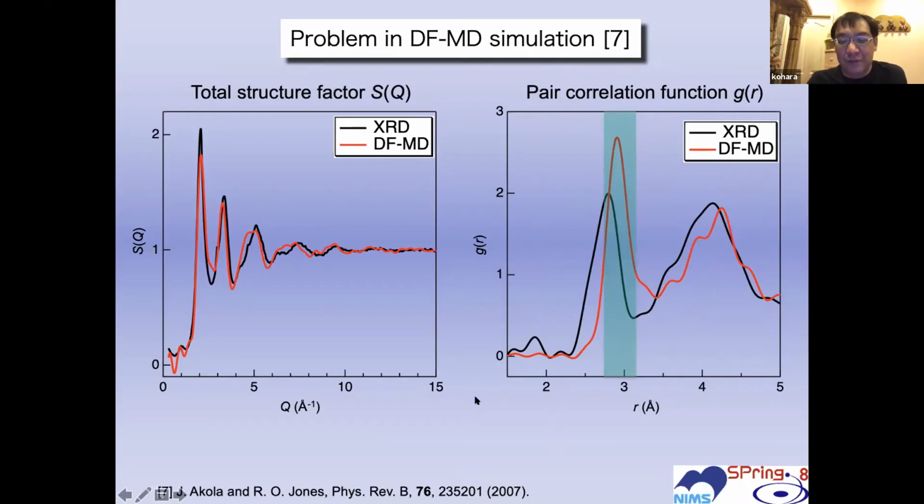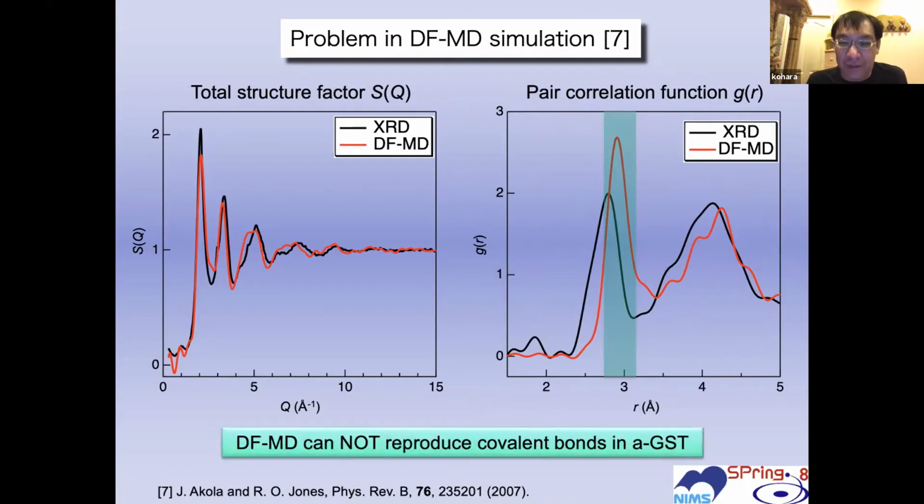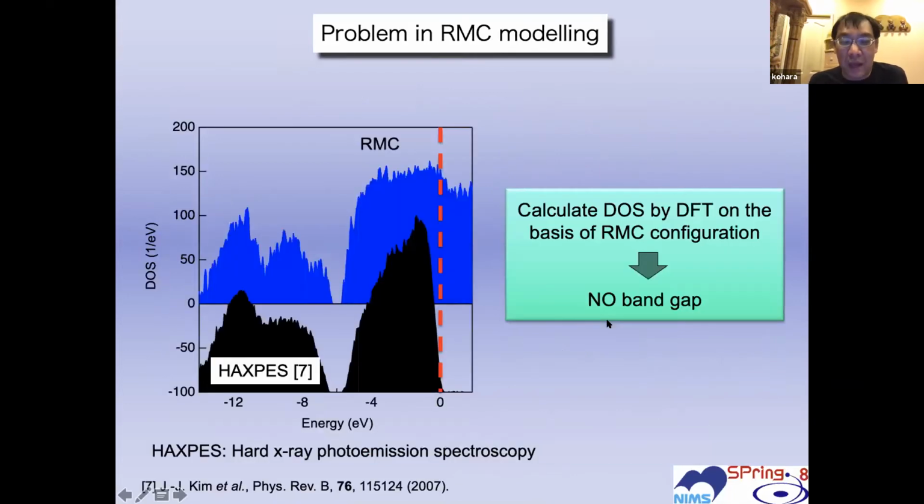I think this is just 2007, and I think the simulation is probably much improved now. Yeah, anyway, in my mind, DFMD cannot reproduce covalent bonds in the amorphous phase. And Bob calculated the density of states from our model. And it is a very lavish density of states because we cannot observe a band gap in the RMC model.